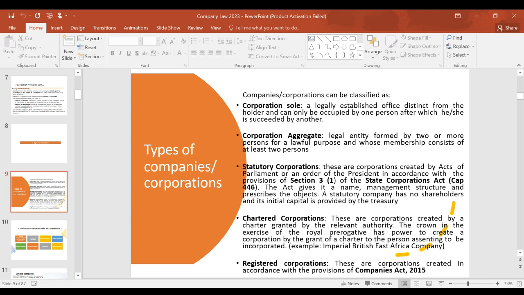So we have a corporation sole, a legally formed corporation, which is an established office that is distinct from the holder and can only be occupied by one person, after which he is succeeded by another. So it's just accompanied by one person that runs it.